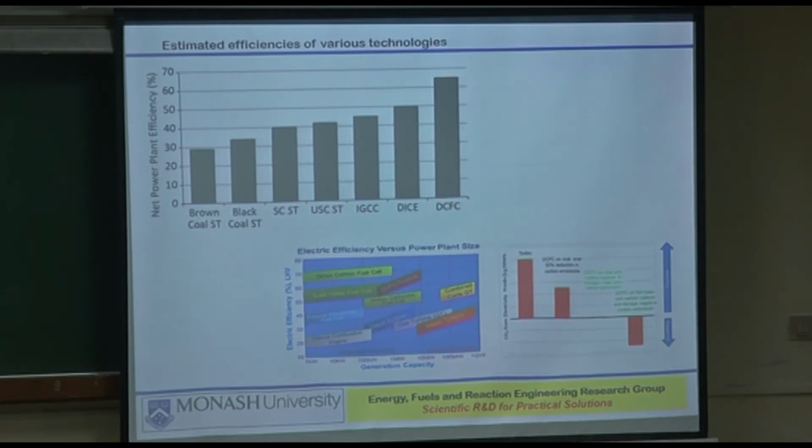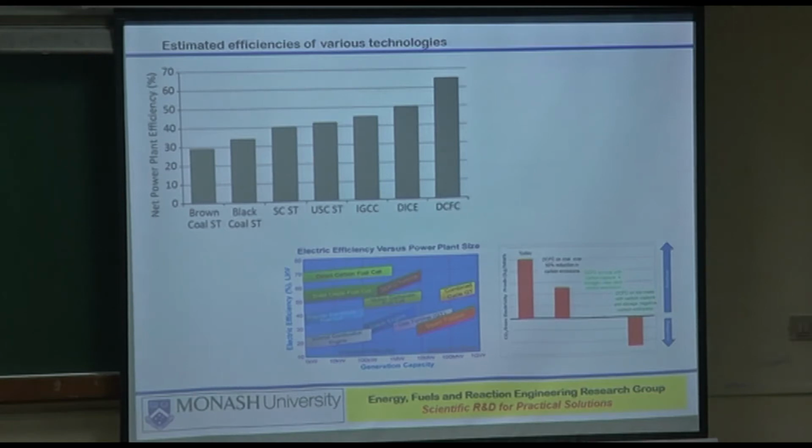We'll see that there would be a significant efficiency advantage, going from less than 30% for subcritical to about 40% for supercritical to 60% for DCFC. So that was going to be a big bonus, which prompted the sponsors to put money into the DCFC research.